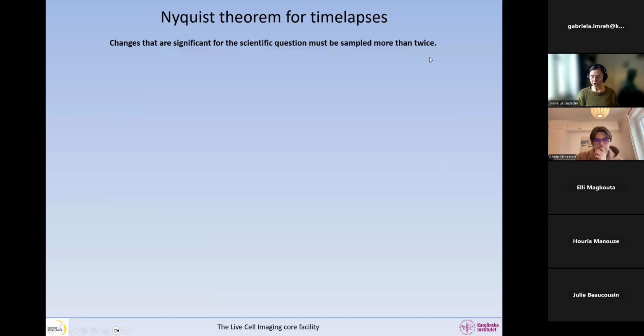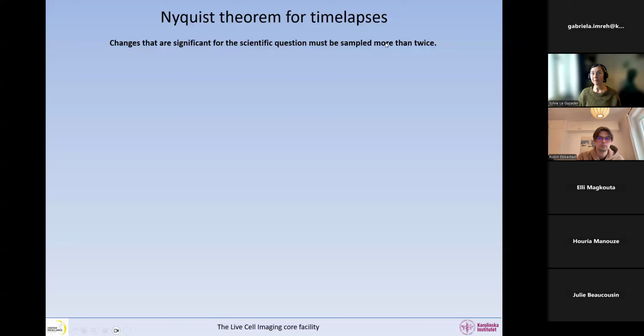If our scientific question does not require high resolution, if we have in X, Y, or Z very big differences between, for example, the control and the wild type or whatever you want, so we're not after fine details in the differences, in that case, you can do whatever you want. But when you are trying to get small crowded objects, and you are trying to find small differences between your control and your treated sample, this is when you have to be very careful with this.